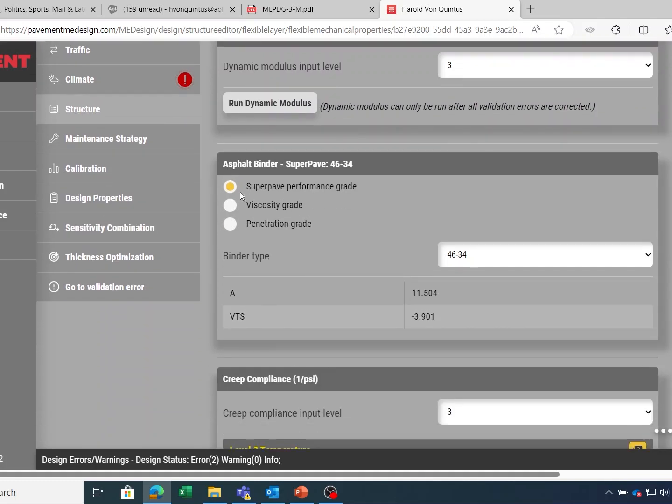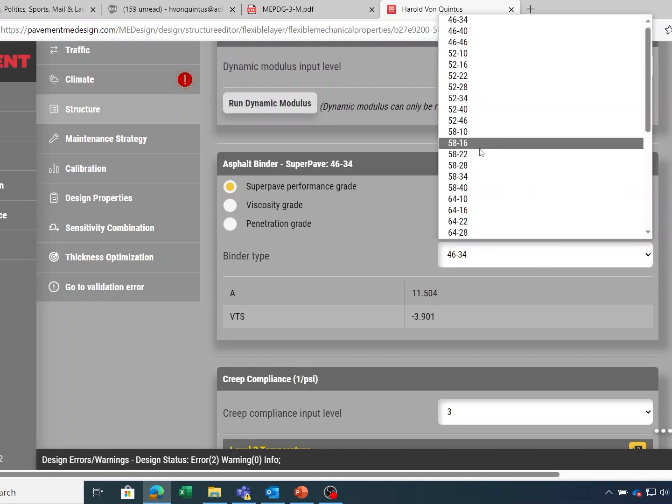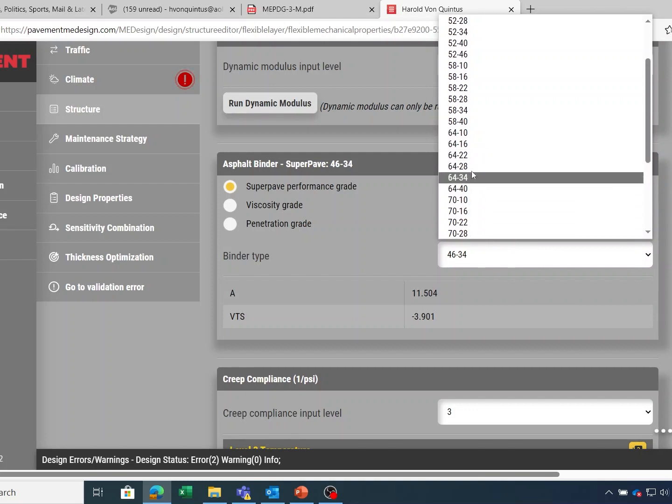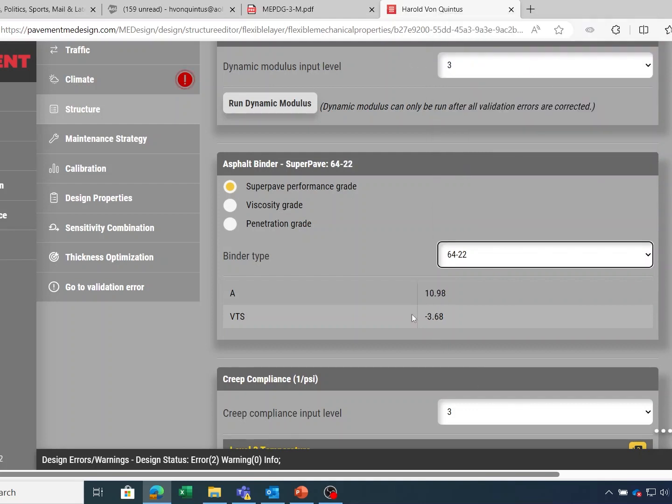The user can select, which is the common one now, the Superpave performance grade binder type, and this can be anywhere from PG 46-34 all the way to a PG 82-34. Obviously, PG 64-22 is the more common.